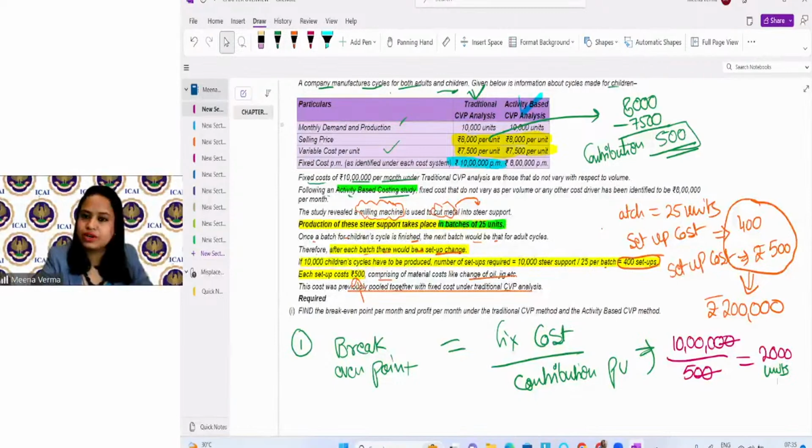You can see this is coming as the break-even point here. All right. Now let's see the second method.